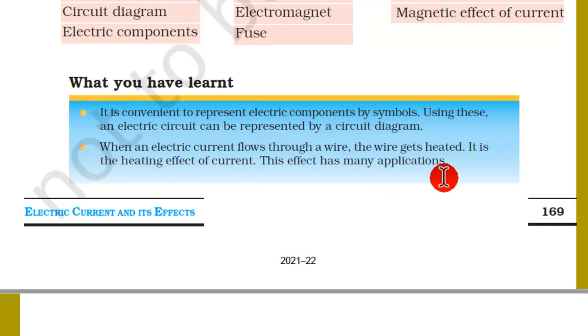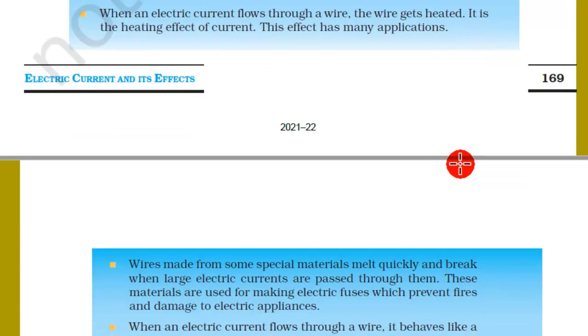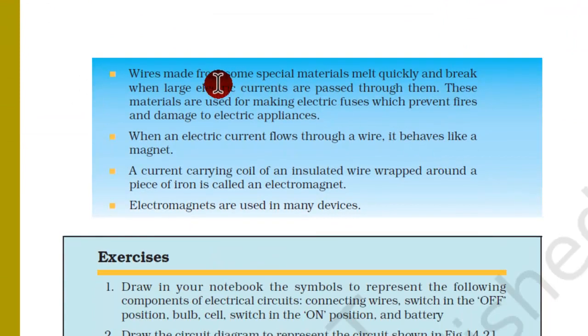This effect has many applications. Wires made from some special materials melt quickly and break when large electric currents are passed through them. These materials are used for making electric fuses, which prevent fires and damage to electric appliances.